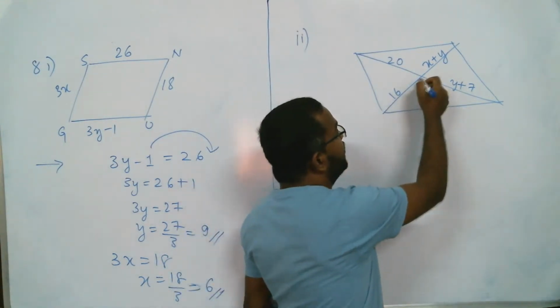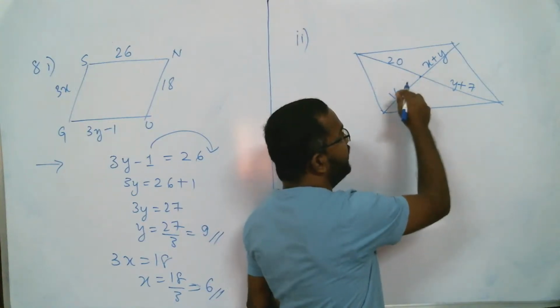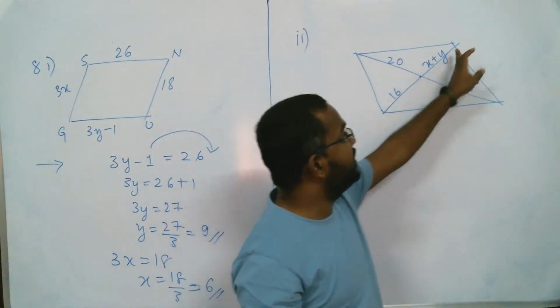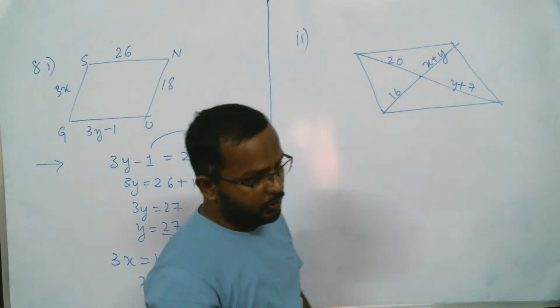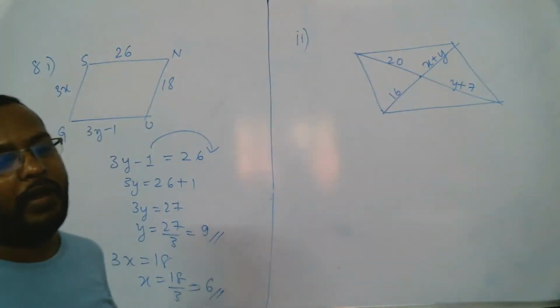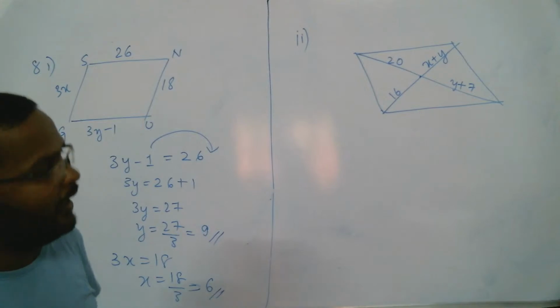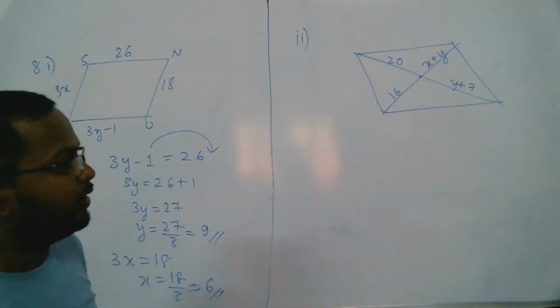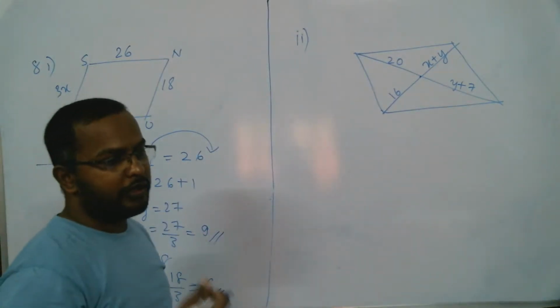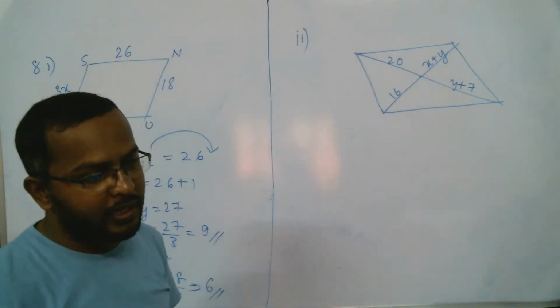And from this point to this midpoint it is 16, and again from here to here it is x plus 1. So they are asking you to find the values of x and y. The given figure is a parallelogram. It may not look like a parallelogram, but assume that this figure is a parallelogram only.